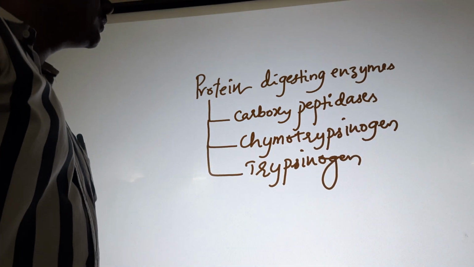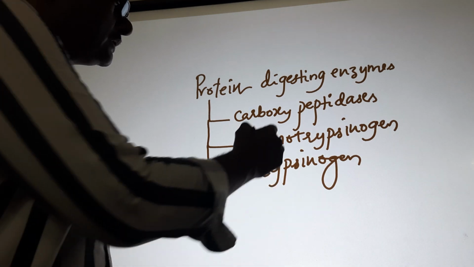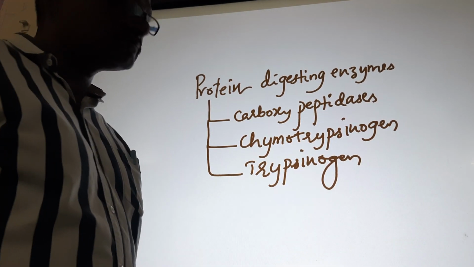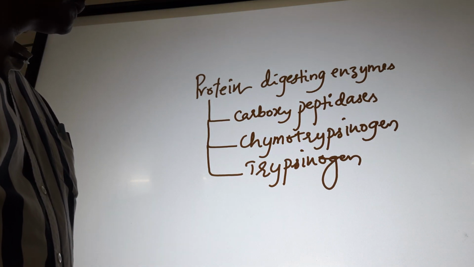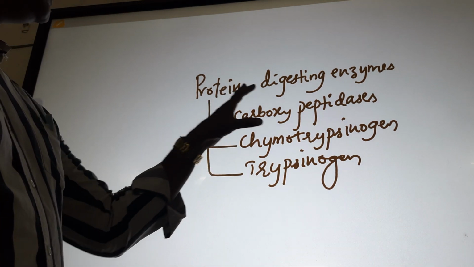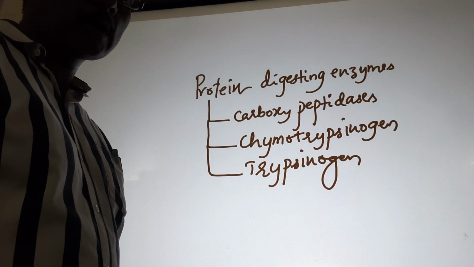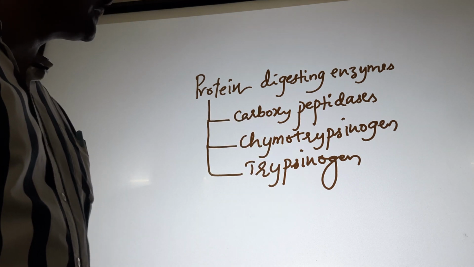See here, protein digesting enzymes: carboxypeptidases, chymotrypsinogen, trypsinogen. They are inactive enzymes. Anyhow, these enzymes are involved in the digestion of proteins. I don't want to take the deep study of protein digestion here.